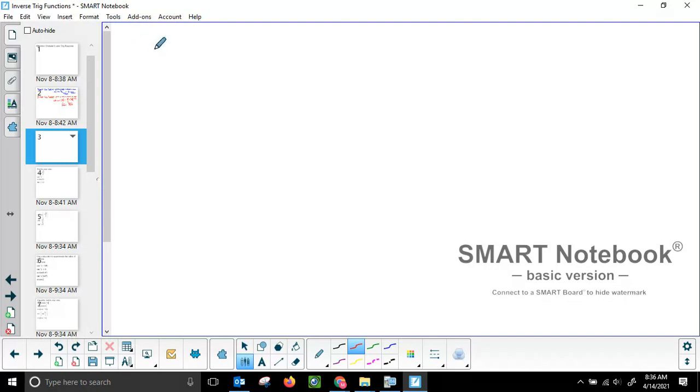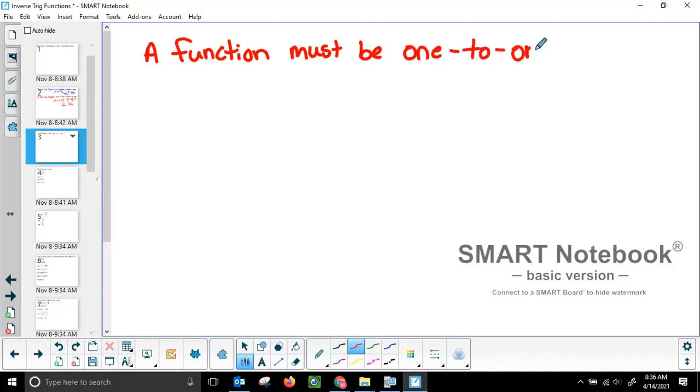So a function must be one-to-one in order to have an inverse function.